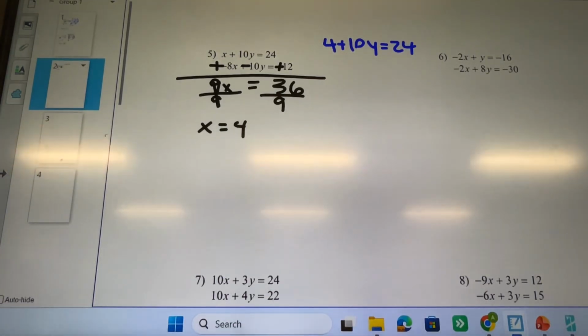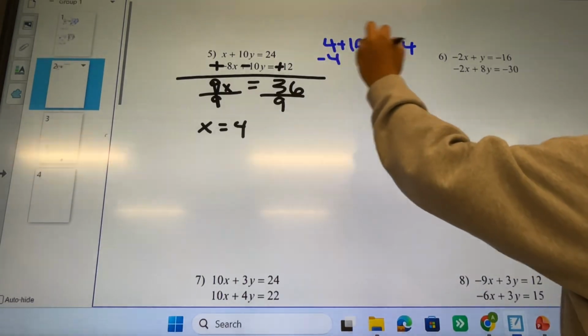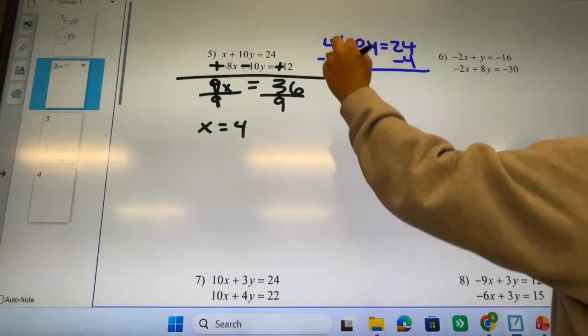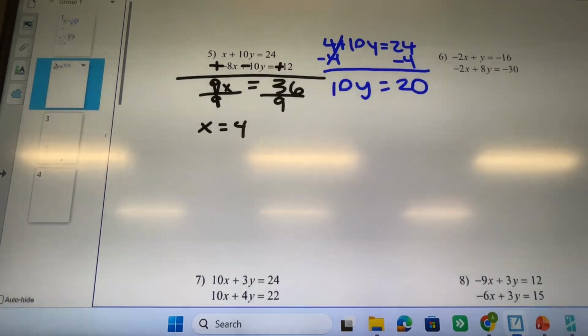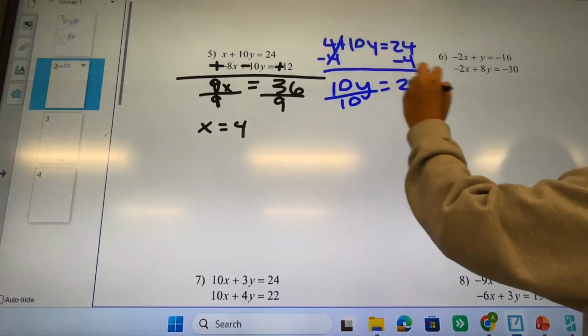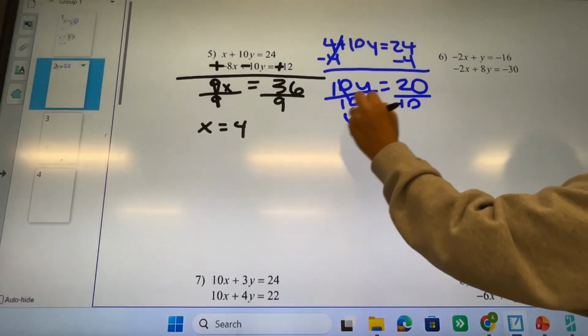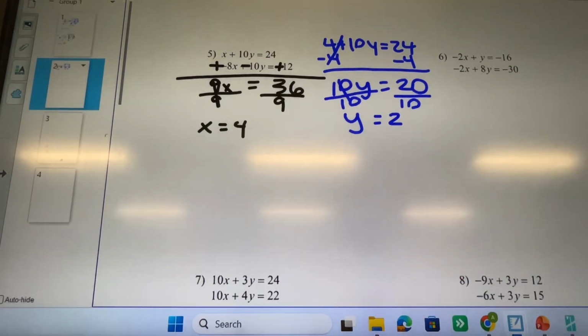Look at the problem. How do I move that 4? Minus 4. So we get 10y equals 20. And then divide both sides by 10. So we get y equals 2.